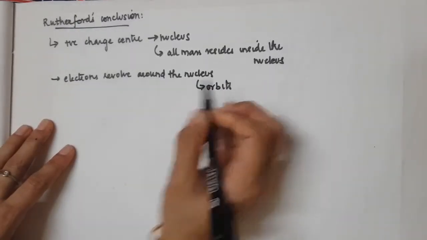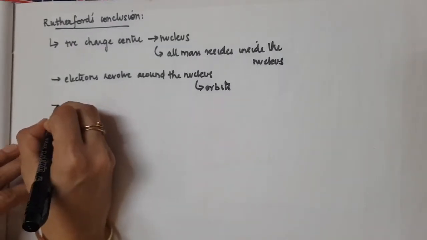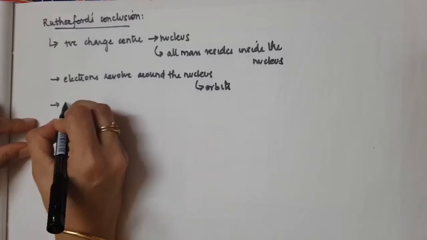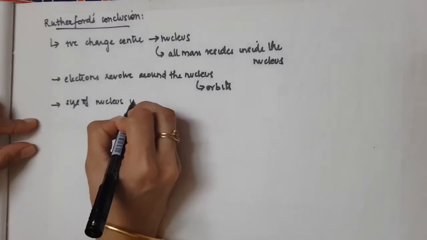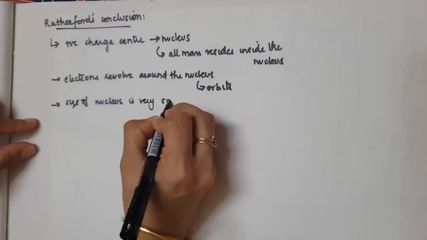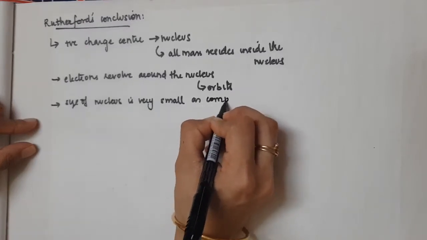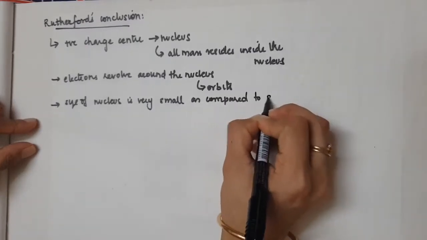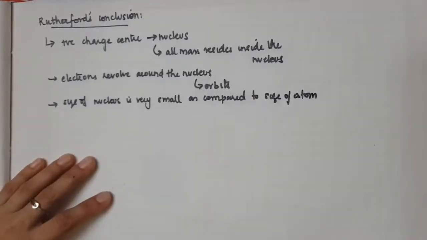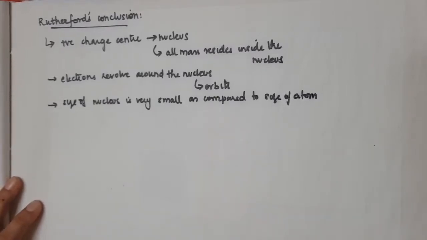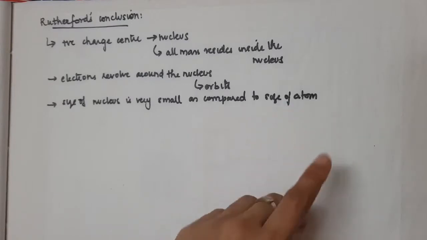The size of the nucleus is very small as compared to the size of the atom. We know the size of the atom is very, very small. We can never see it with our naked eyes. So the size of the nucleus is even smaller compared to the size of the atom.